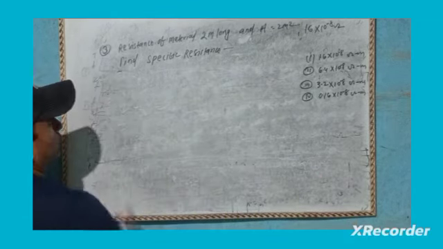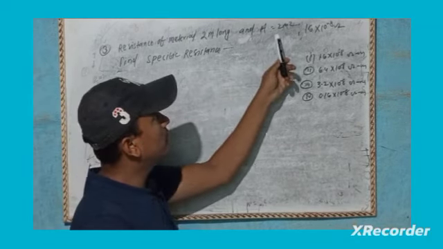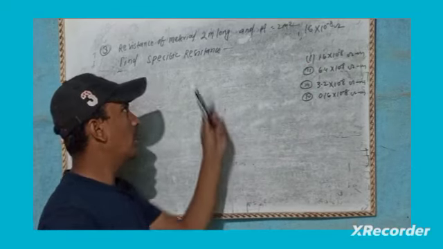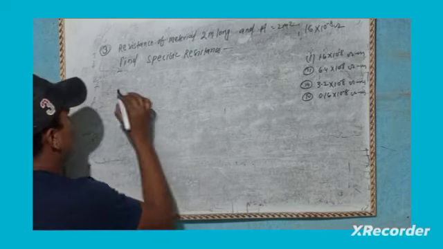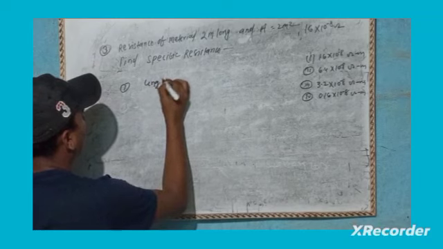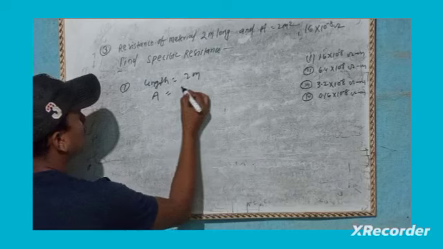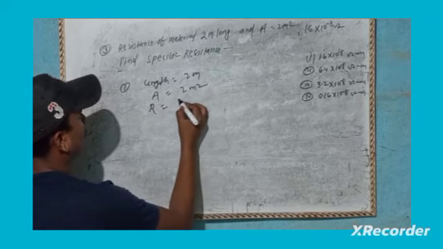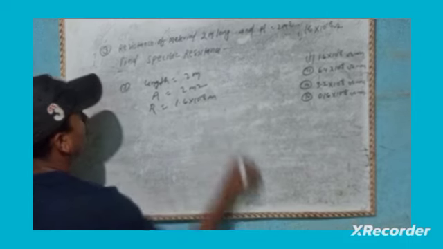What is given in this question? If we read it: resistance of material, 2 meter long and cross sectional area, this resistance value, then find the specific resistance. Specific resistance is nothing but resistivity. Given: length 2 meter, cross sectional area 2 meter square, the value of R is 1.6 times 10 to power minus 8 ohm.